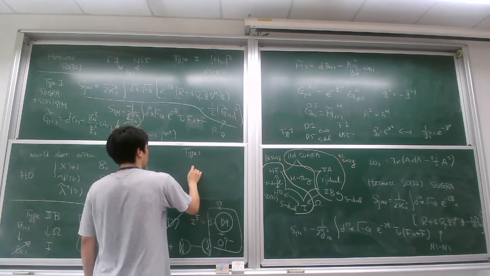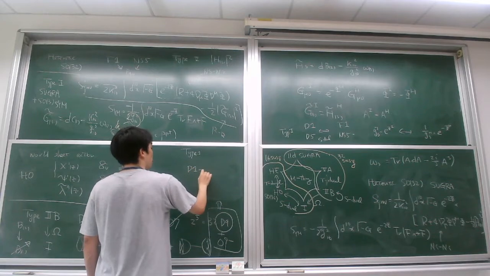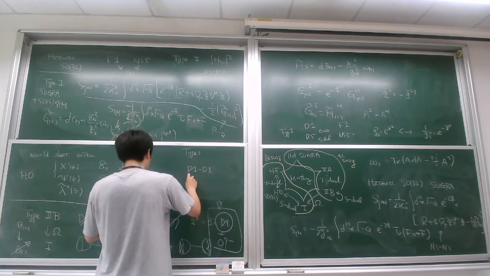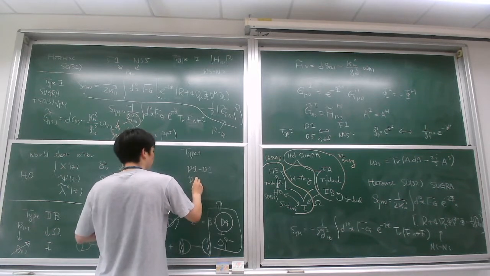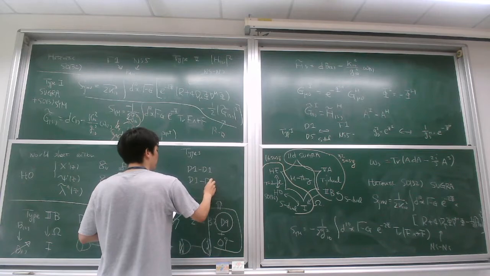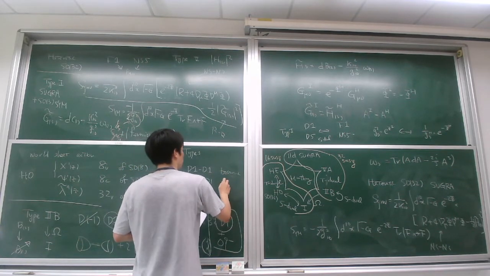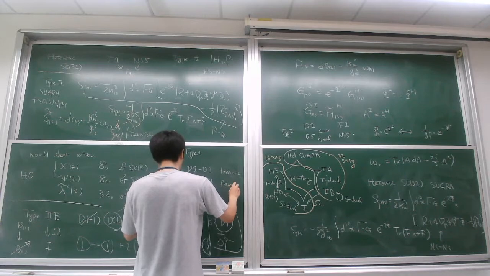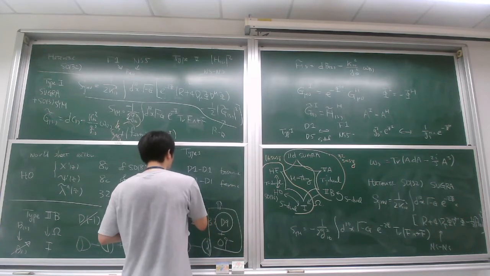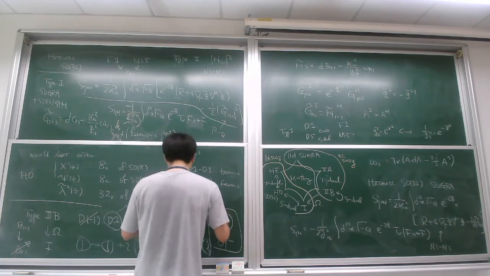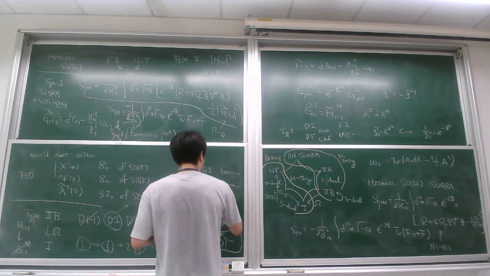This corresponds to the spectrum of D1, and also here that corresponds to the supersymmetric partner. This is fermionic, bosonic, and fermionic, and this is D1, D9. Left moving fermionic.